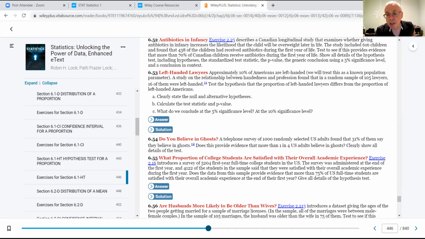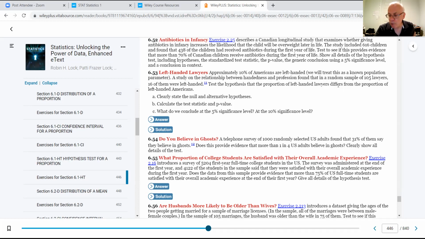We're going to assume initially that the lawyers are just like any other Americans, and therefore the proportion of left-handed lawyers would be 0.1. Then the alternative hypothesis is that P is not equal to 0.1. Notice that the word differs here in this sentence. Differs means not equal to. So this is a two-tailed test.